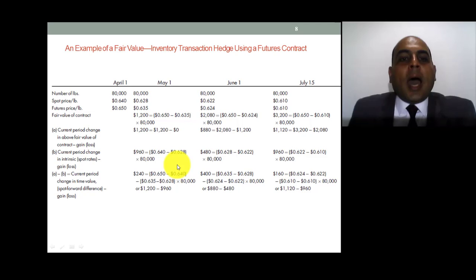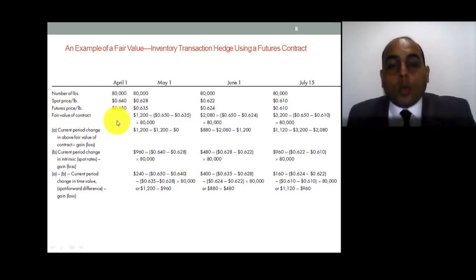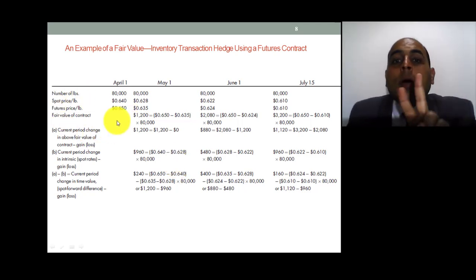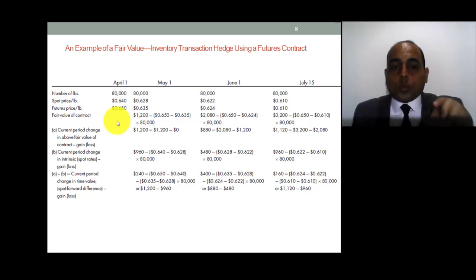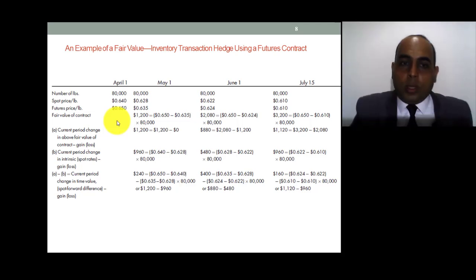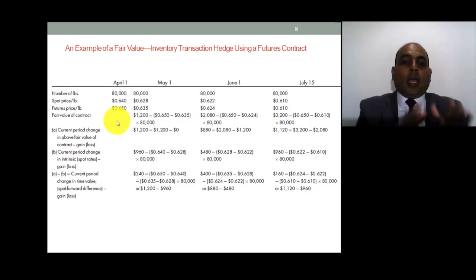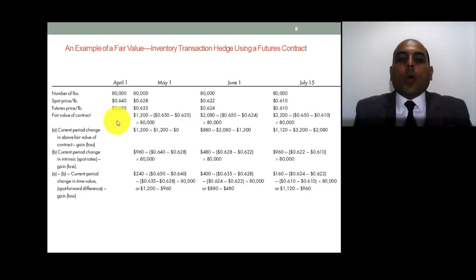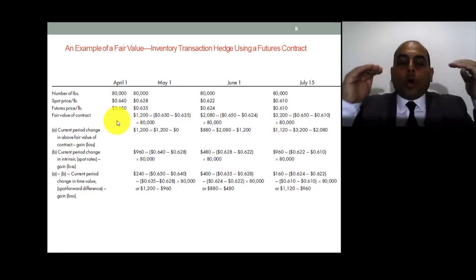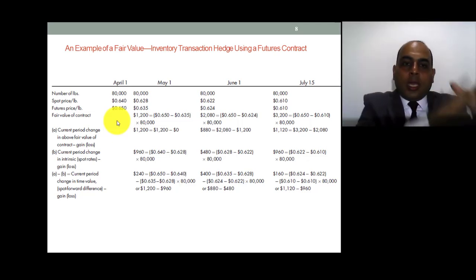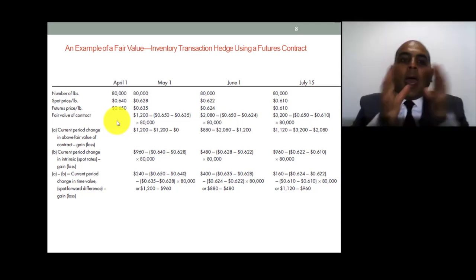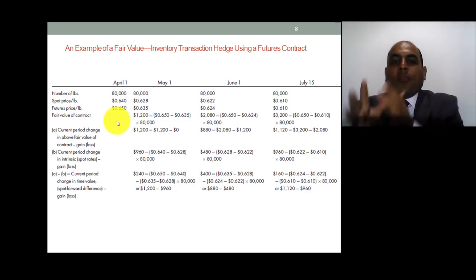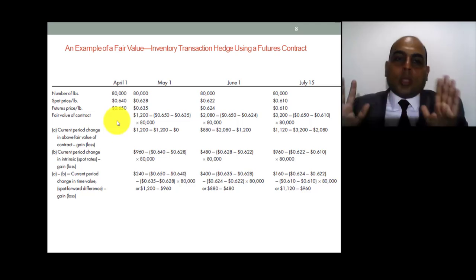Let us see how we can calculate the amount of gain or loss. Here we are talking about two transactions. First, holding the inventory itself as it is associated with a future contract. We will calculate the gain or loss of holding the inventory itself and the gain or loss of entering into the forward contract.